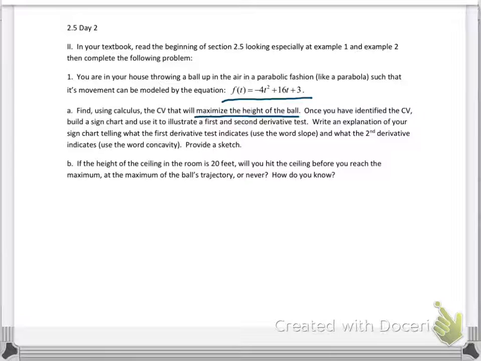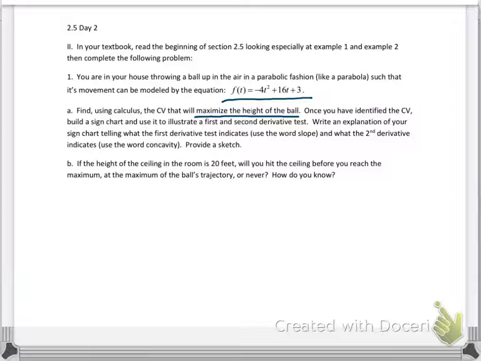Once you have identified the CV, what I want you to do next is to build a sign chart and use it to illustrate a first and second derivative test. Write an explanation of your sign chart telling what the first derivative test indicates using the word slope and what the second derivative indicates using the word concavity. So pretty much what we are used to doing. And then provide a sketch.